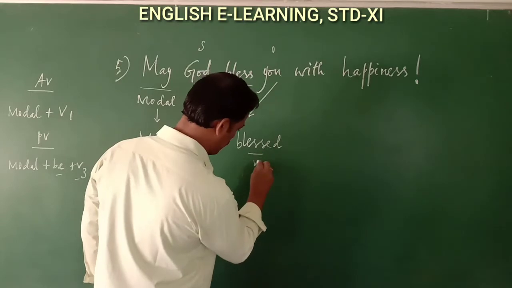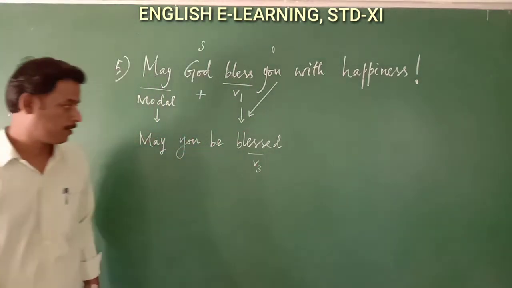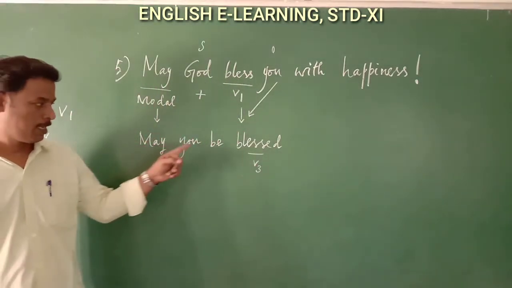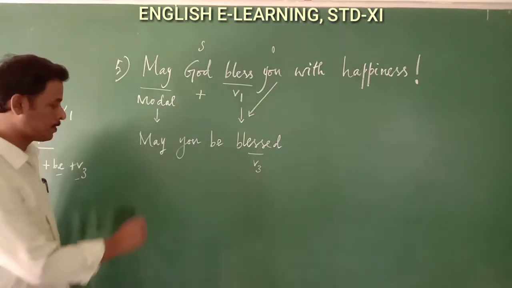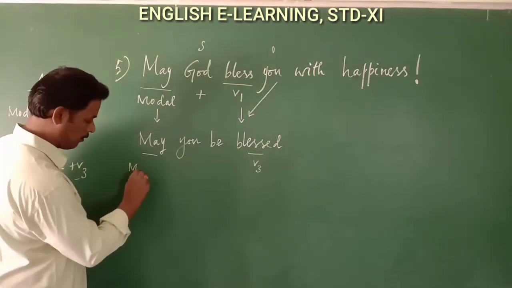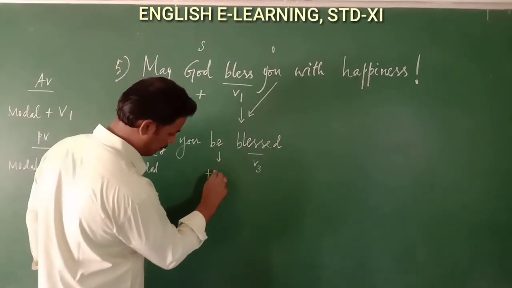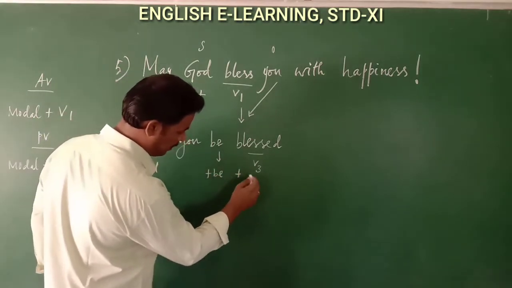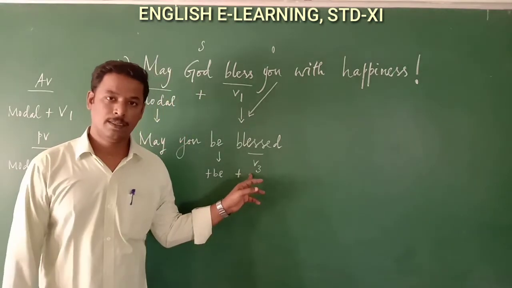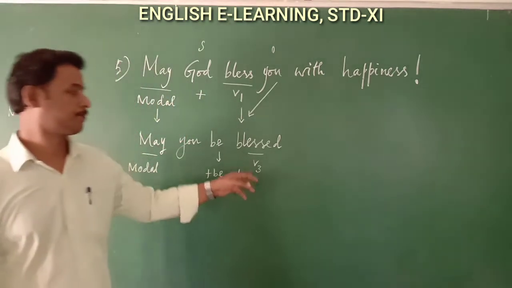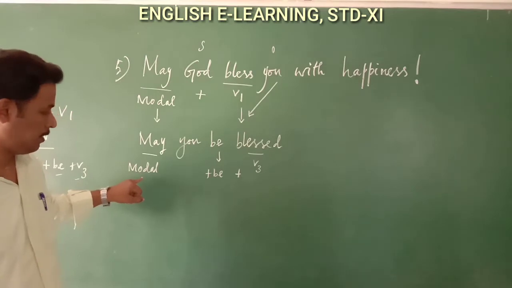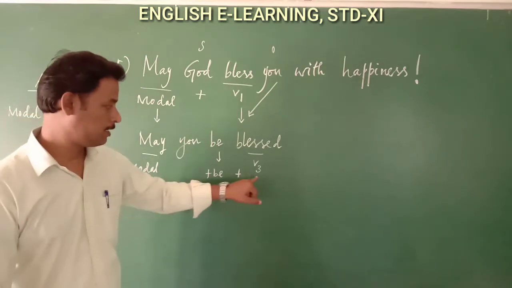So it is in the verb 3. Look at the verb pattern. May be blessed. So may is a modal verb and be is taken from the rule, and then we have added the third form of the verb, blessed. So look at the verb here, modal plus be plus verb 3.